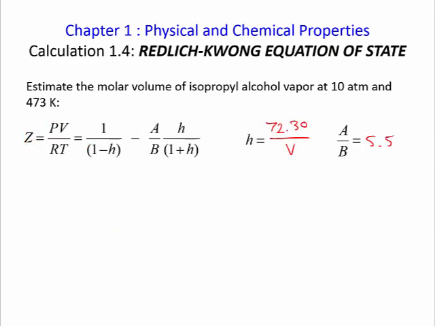We can insert these values along with the values of pressure, R and T in the equation, and the only unknown would be V that we can solve for.